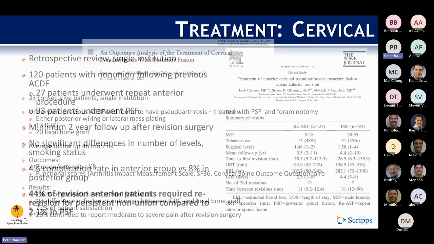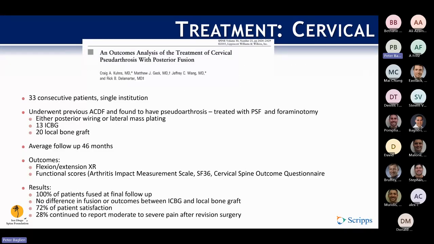So again, this was another study looking at cervical pseudoarthrosis treatment with posterior spinal fusion. This was 33 patients that underwent posterior spinal fusion with either iliac crest or just local bone grafting, with follow-up out to 46 months. They found that 100% of these patients fused at final follow-up.